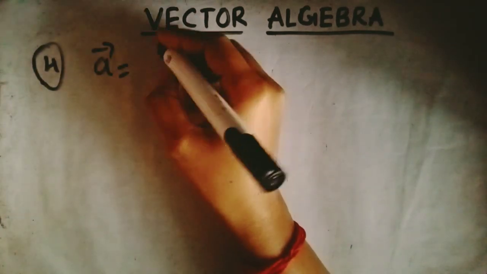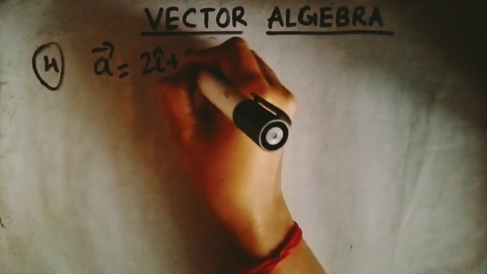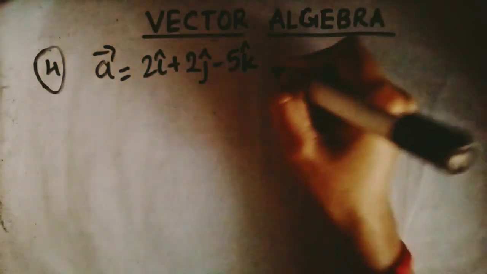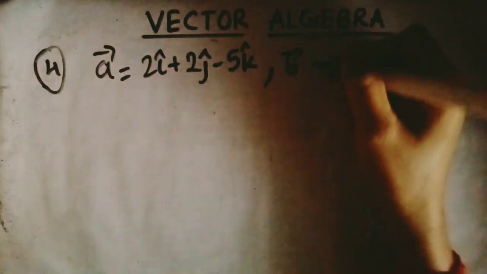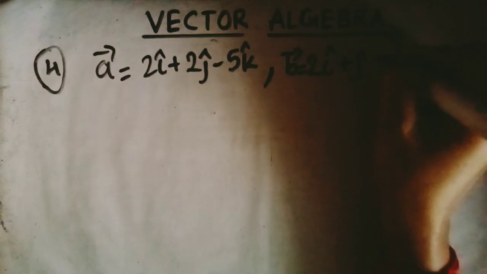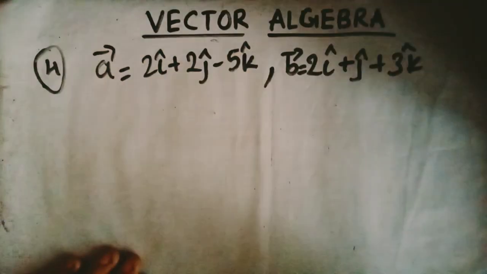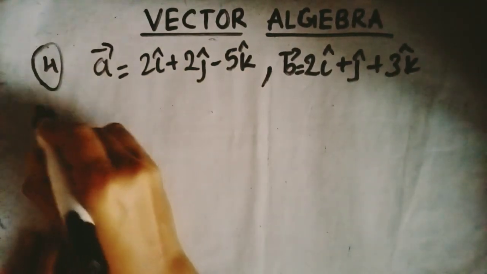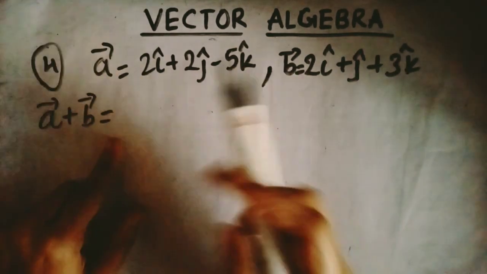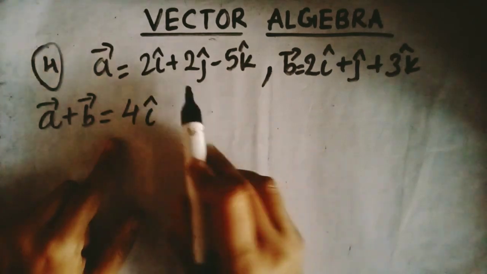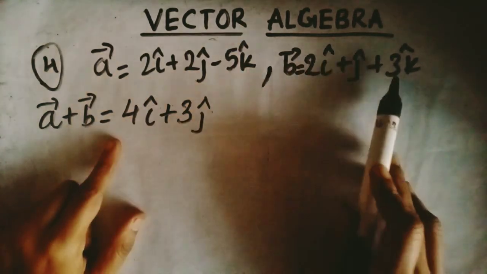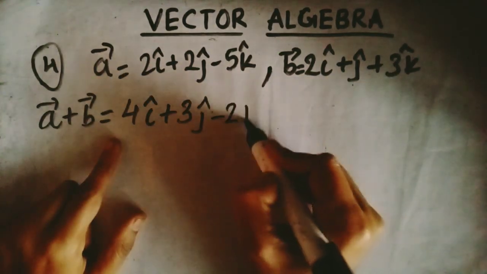A vector is given as 2i plus 2j minus 5k, and b vector is 2i plus j plus 3k. Okay, so sum is you have to just add the scalar components. So 2 plus 2, 4i, 2 plus 1, 3j, minus 5 plus 3, so minus 2k.